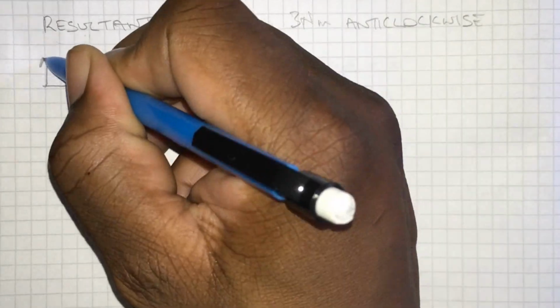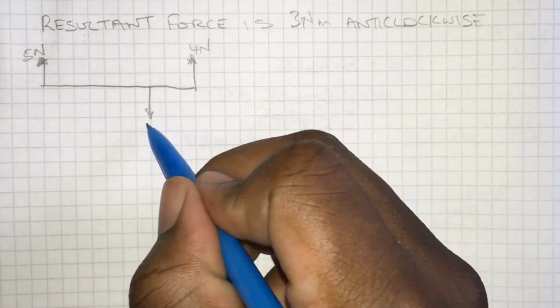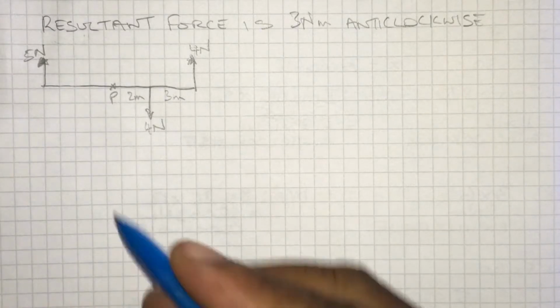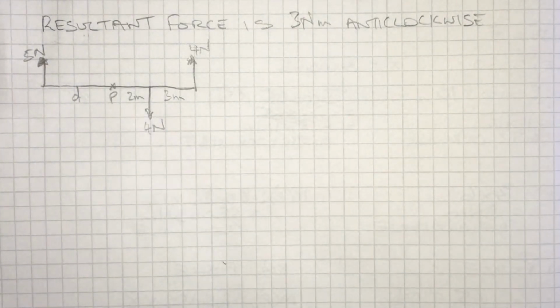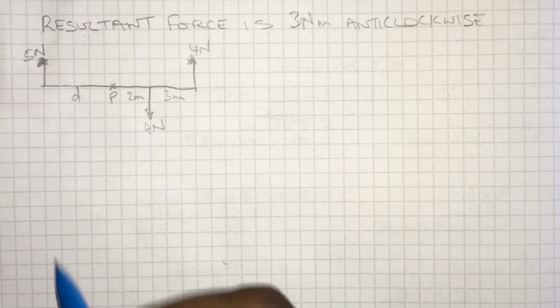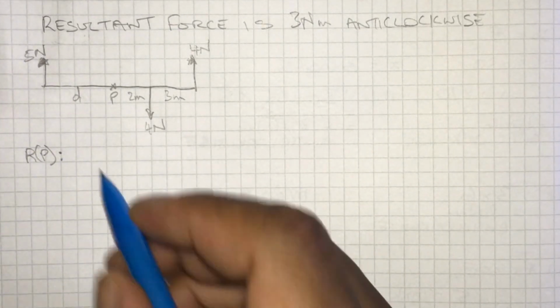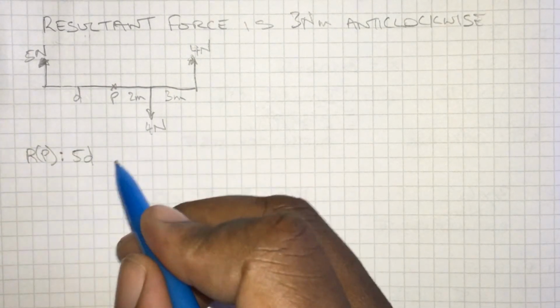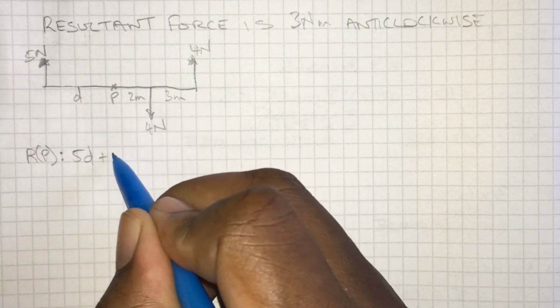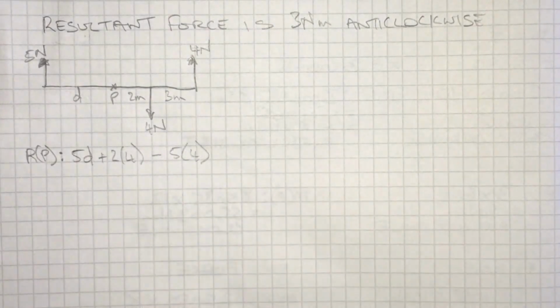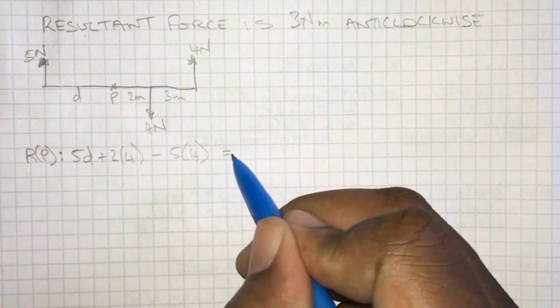So let's have a look at what happens if we had the resultant moment, but we didn't actually have one of the distances or one of the forces in the original diagram. So just a quick diagram for you. Let's go ahead and do what we would do usually. There's obviously going to be some unknowns. So this unknown distance multiplied by 5, plus the other clockwise force, which is 2 times 4, and subtract the anti-clockwise force.